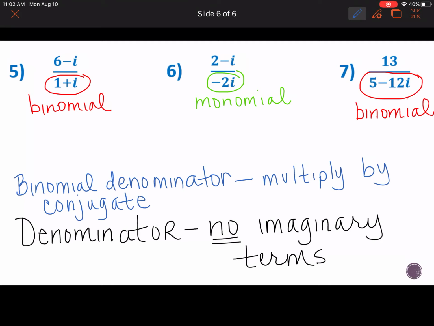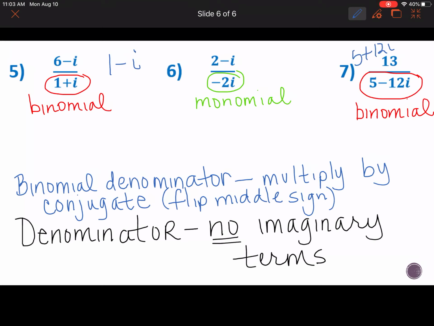In order to find the conjugate, we flip the middle sign. That's all we are doing. So for question 5, we're going to flip that plus sign and multiply top and bottom by 1 minus i. For number 7, we're going to flip that minus sign and multiply by 5 plus 12i.